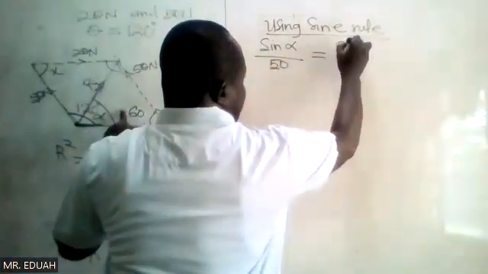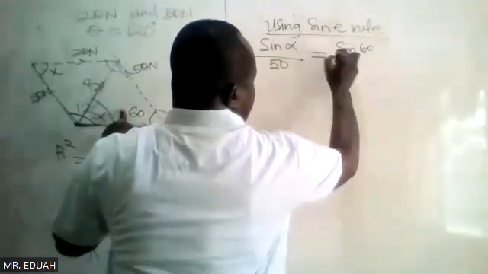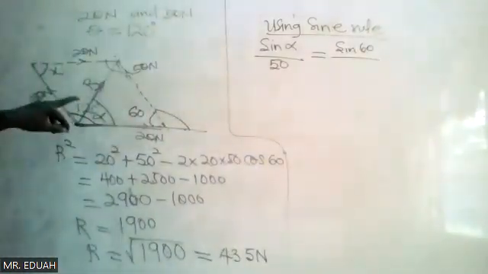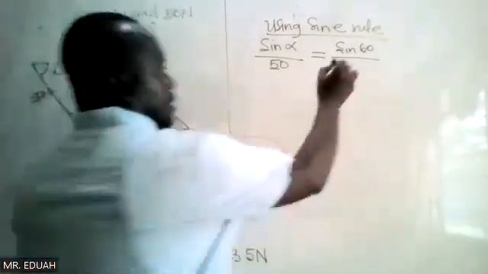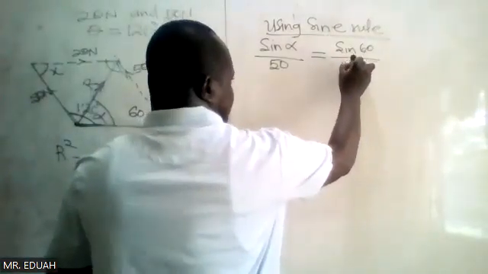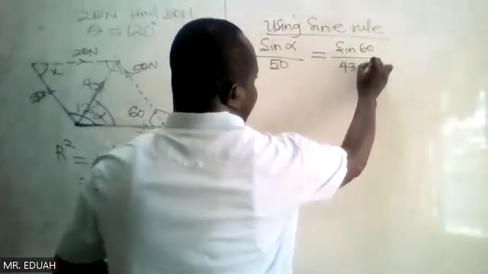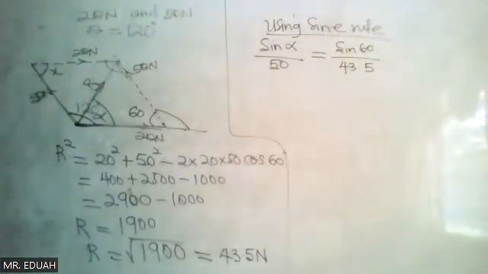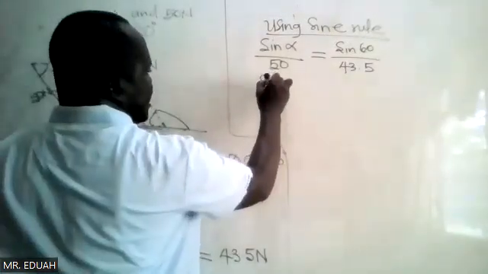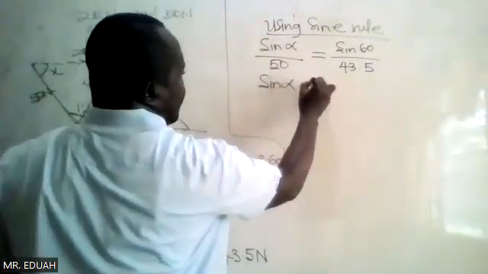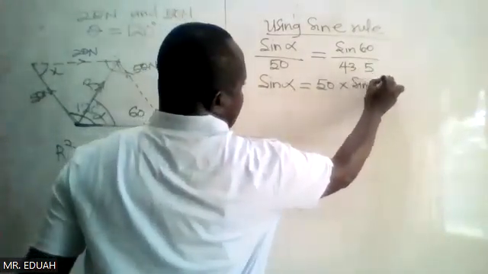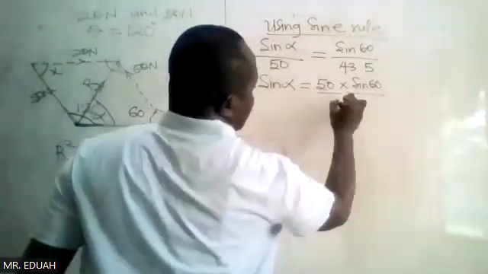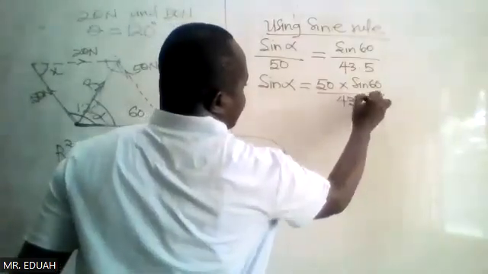So sine 60 divided by the resultant force, which is this, 43.5. Okay, so sine alpha therefore is equal to 50 times sine 60 on 43.5.